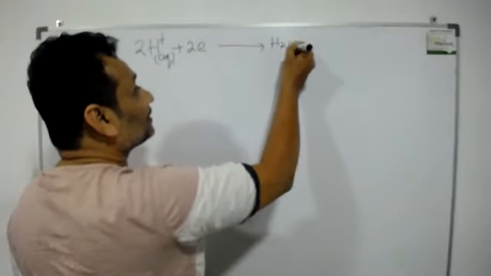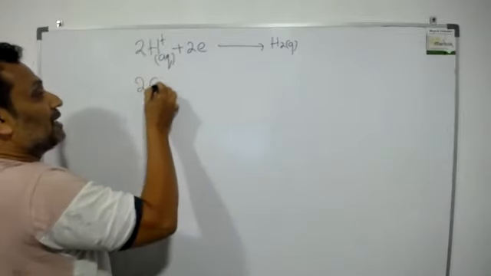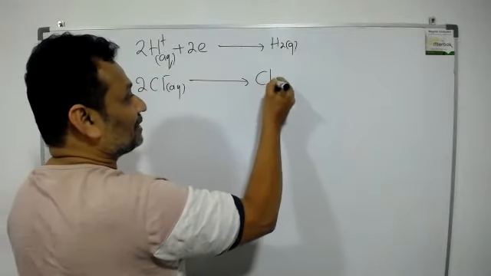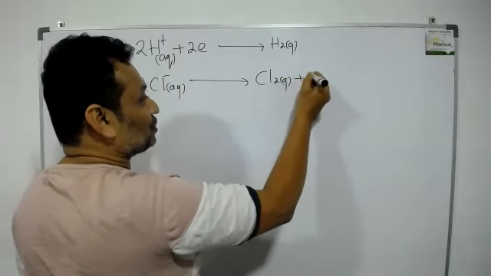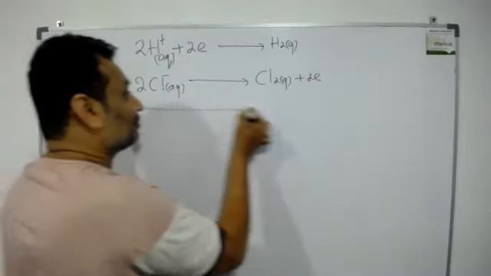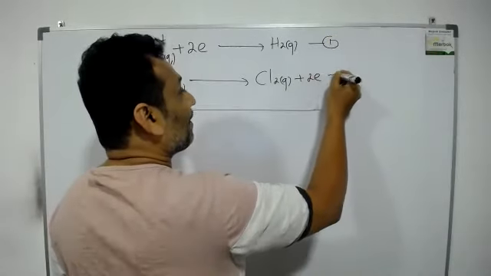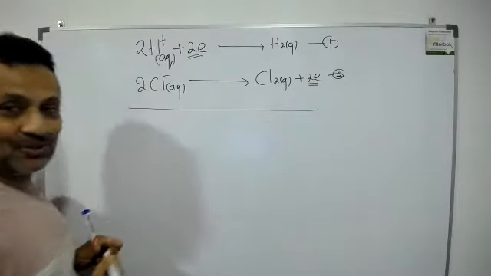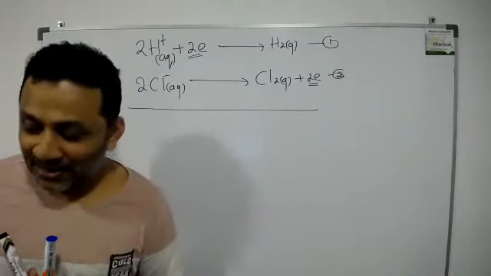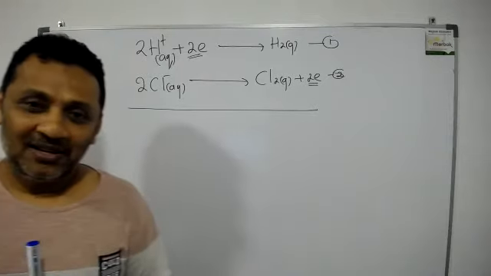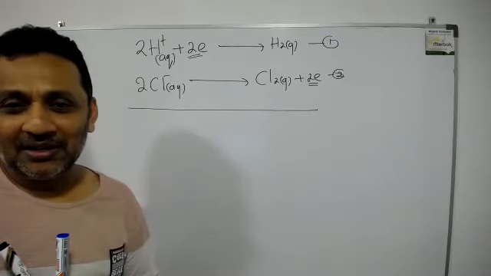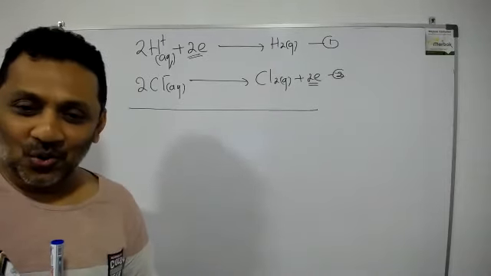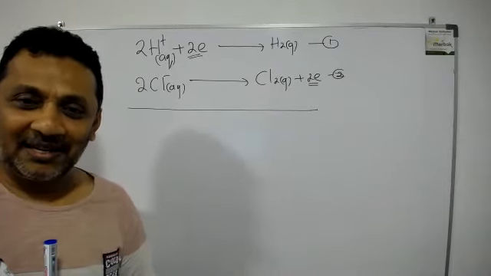H2 gas here. 2Cl minus aqueous making Cl2 gas plus 2 electron. Here, my children, both these have an equal number of electrons, so you don't need to multiply and change the number.